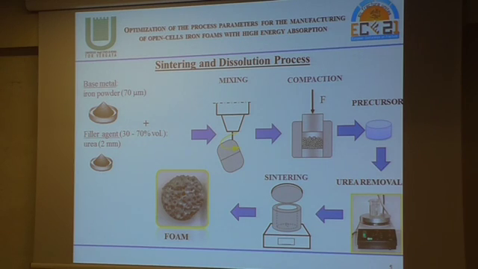To do this, we started from the sintering and dissolution process, in which, starting from the base metal, iron powder about 70 micrometers in diameter, plus the addition of a filler agent, the urea, 2 millimeters of average diameter, these two components are mixed together and compacted in order to obtain a precursor, which is put inside boiling water in order to remove urea, to obtain the foam.